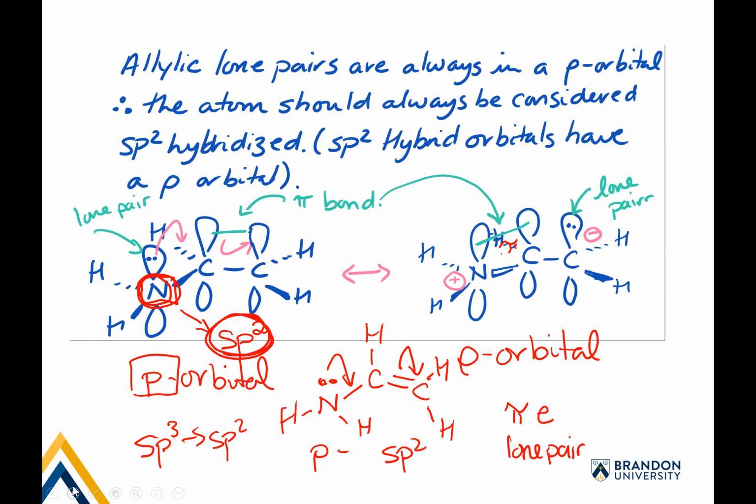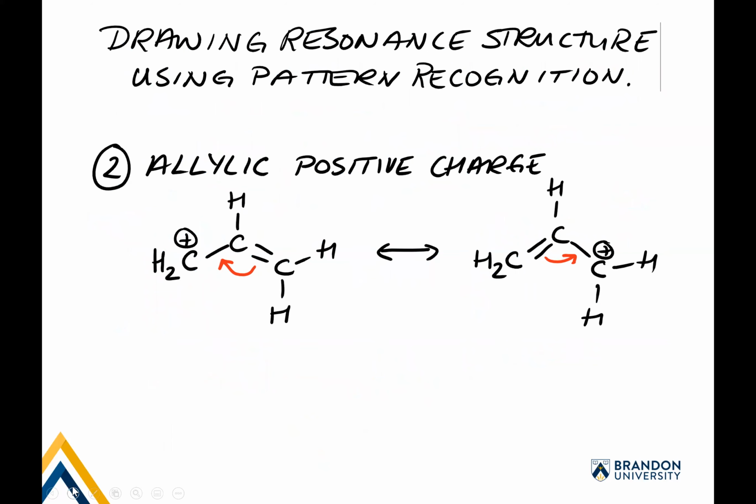Okay, next slide. Just as in the case where you have lone pairs in the allylic position, you can also have an empty orbital, in this case, a positive charge. So if you've got a carbon with a positive charge, this carbon is going to be sp2 hybridized, and it is going to have an empty p orbital.